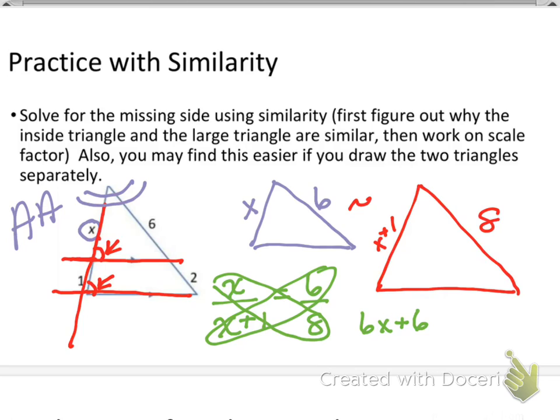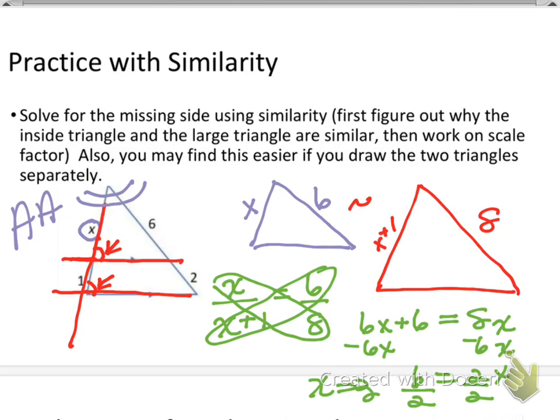I'm distributing, equals 8x. Okay, bring your x's on one side, and I get 6 equals 2x, divide by 2, and I end up getting x equals 3. Okay, so let's check our answer. So far I'm getting x is 3.